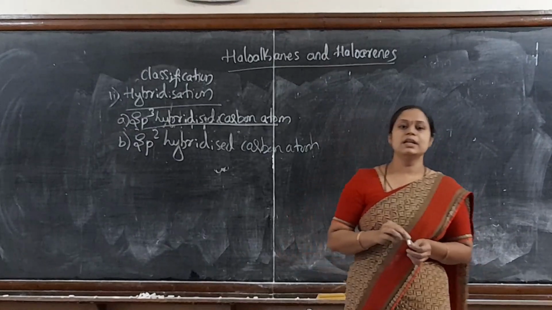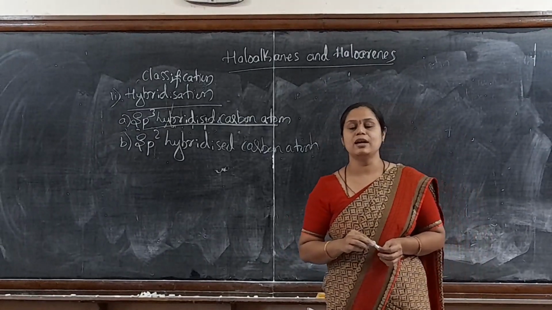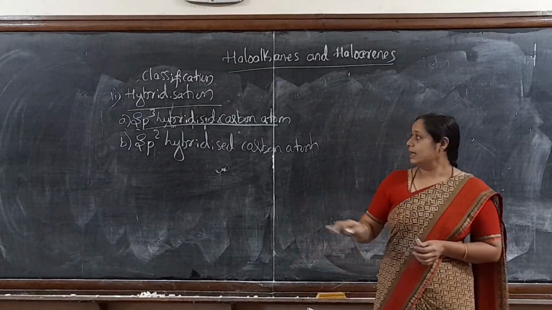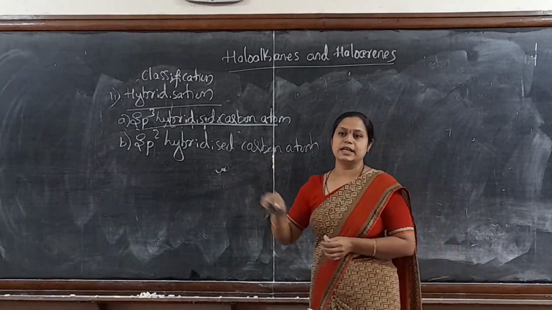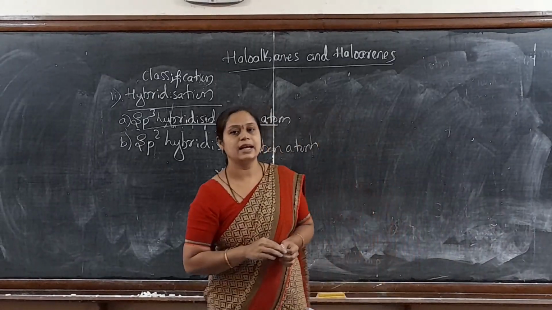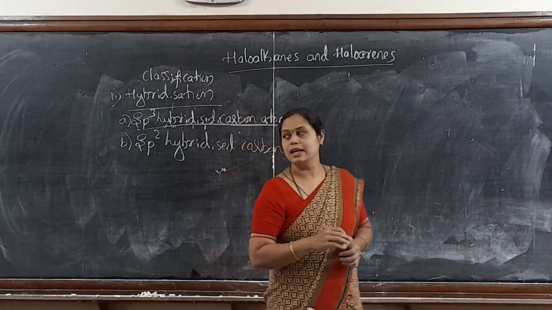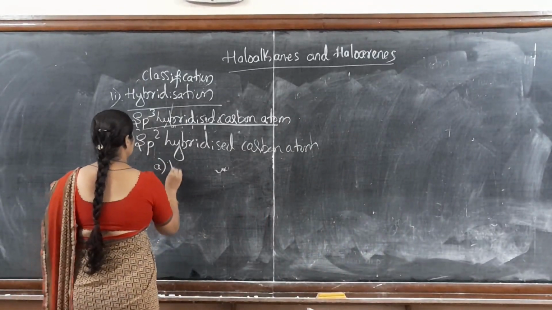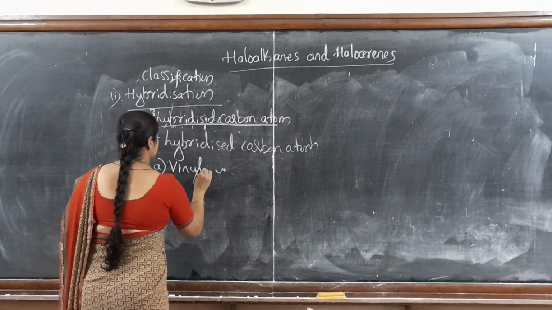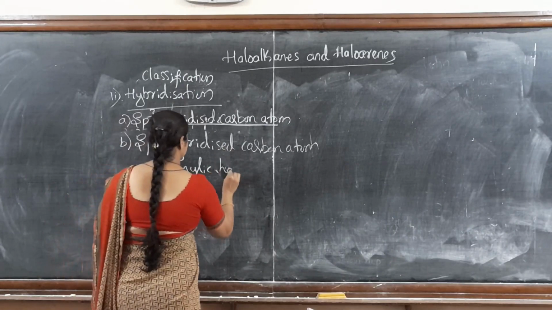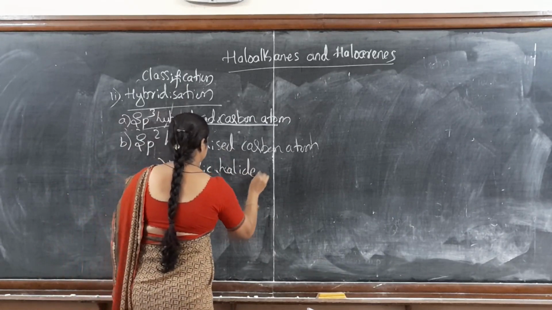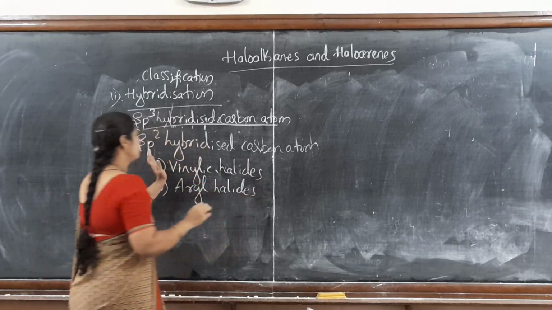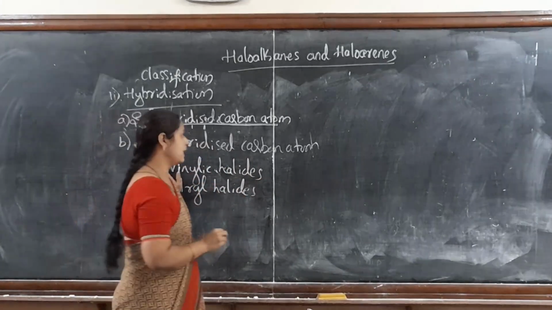Hence, the carbon atom containing halogen contains a double bond here. Again, we have two types, vinylic halides and aryl halides. First we will see the vinylic halides.